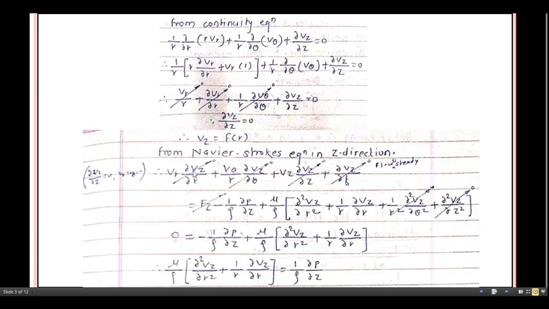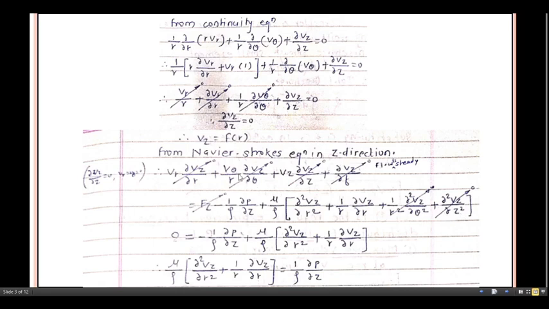Vr into dabba Vz by dabba r plus V theta by r into dabba Vz by dabba theta plus Vz into dabba Vz by dabba z plus dabba Vz by dabba t equals Fz minus 1 upon rho into dabba P by dabba z plus mu into dabba square Vz by dabba r square plus 1 upon r into dabba Vz by dabba r plus 1 upon r square into dabba square Vz by dabba theta square plus dabba square Vz by dabba z square.